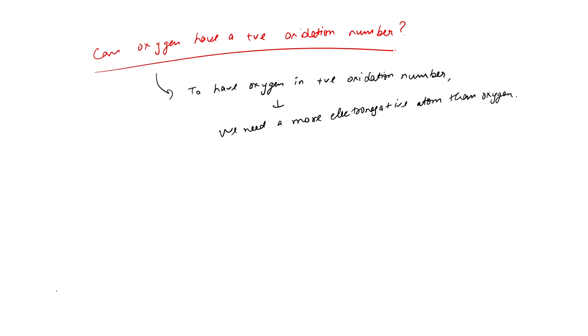We need a more electronegative atom than oxygen. We need an atom that is even more electronegative than oxygen. Which element is it? The element is fluorine.